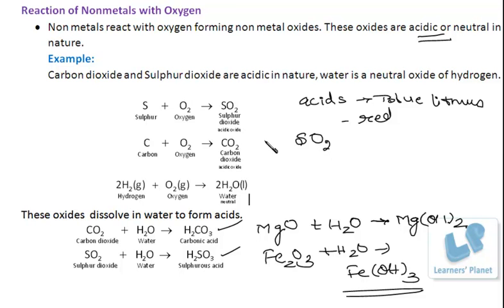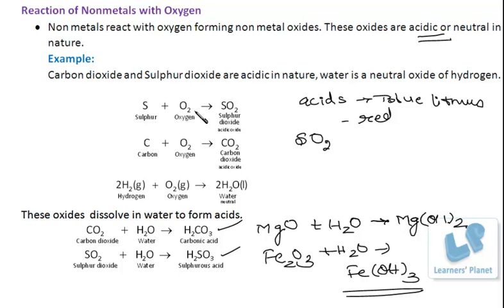Right? So this is the difference between the metals and non-metals in their reaction with oxygen. Metals form basic oxides. The solution of oxides in water turns red litmus blue.